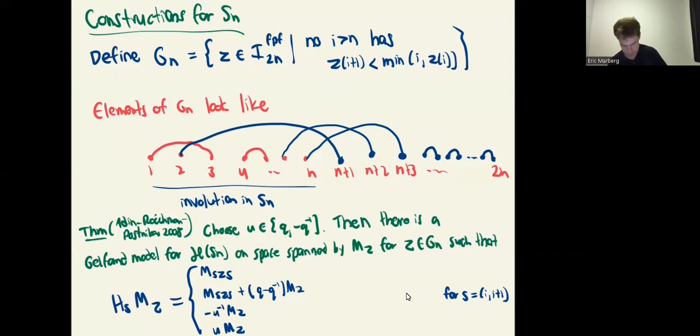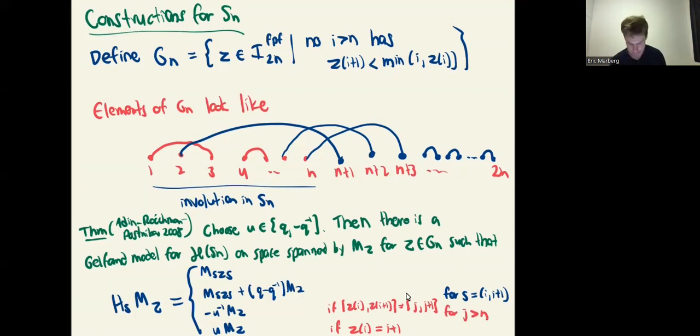And the cases are, so we have this final case is if z of I is equal to I plus 1. And this penultimate case is if z of I plus 1 is equal to j plus 1 for some j greater than n.